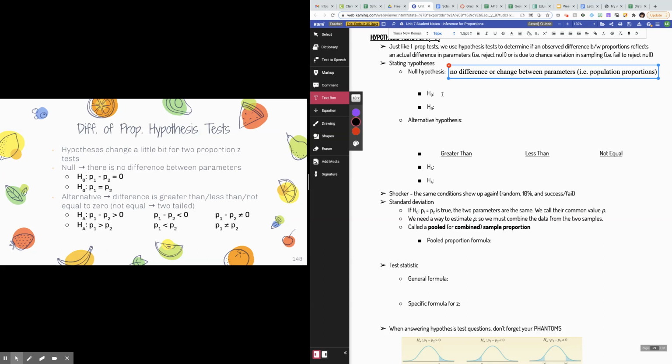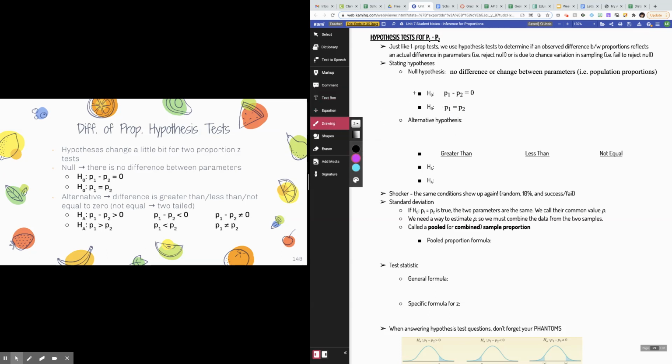There are two ways that you can write that. You can write P1 minus P2 equals 0, or you will see it written as P1 equals P2. Those are the two ways that you might see it written.